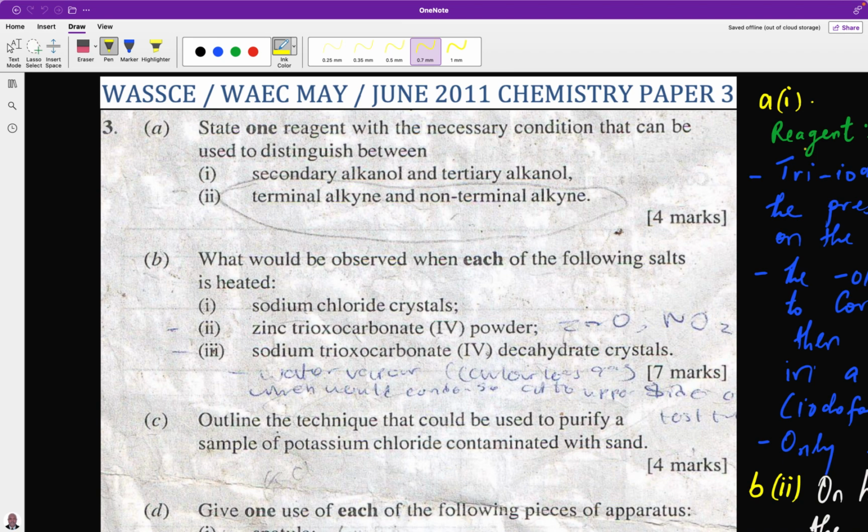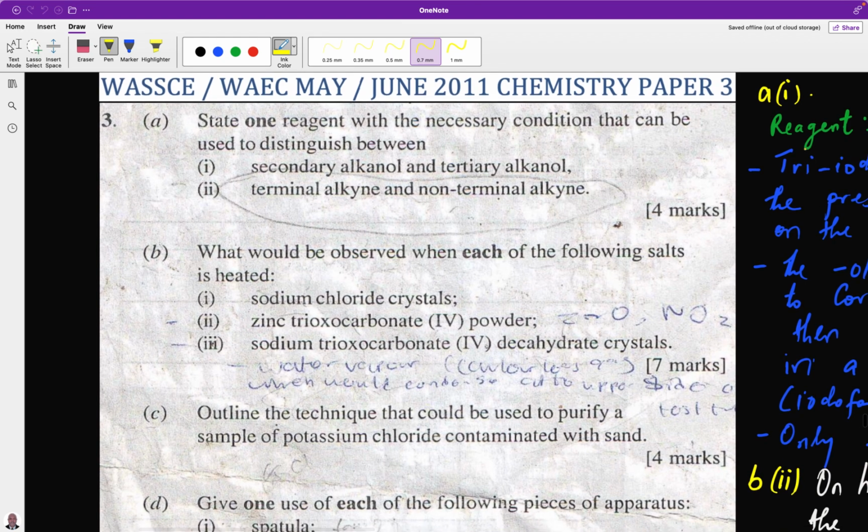You don't have to write much, but just go to the point, state the reagent that can be used and then the necessary conditions, if available, that will be used to distinguish between these.